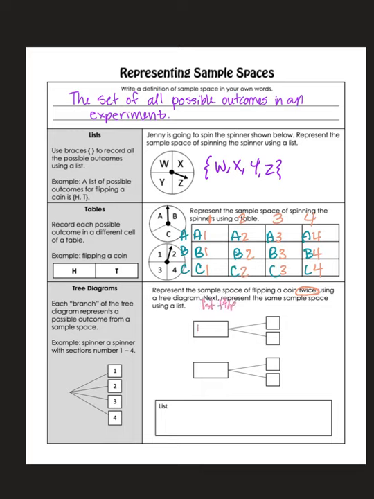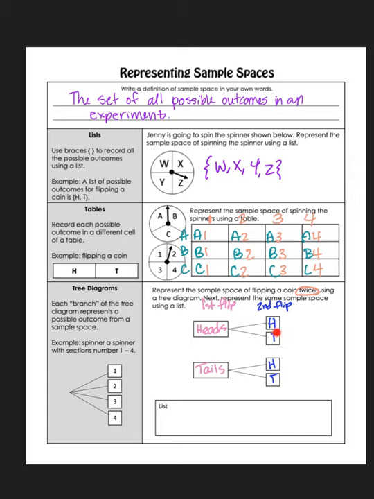So I can get a heads or I can get tails. Then I'm going to flip the coin again. And when I flip it the second time, I have two options, heads or tails. Heads or tails.